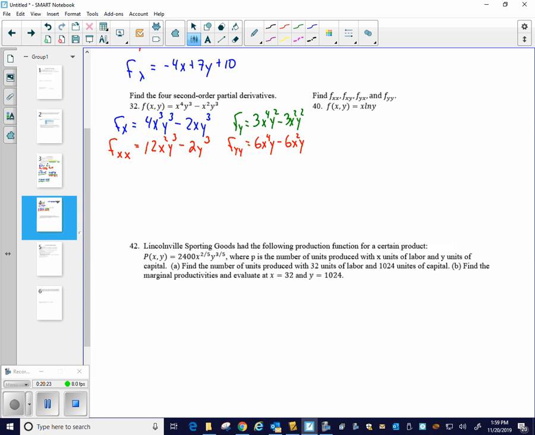But there are other second order partial derivatives. I didn't have to do the derivative of x twice. I could have done the derivative of x, which is what I have in blue, but then with respect to y instead of x, which means I'm going to go from this one right here, but I'm going to take the derivative of that now with respect to y. And watch what happens on this.